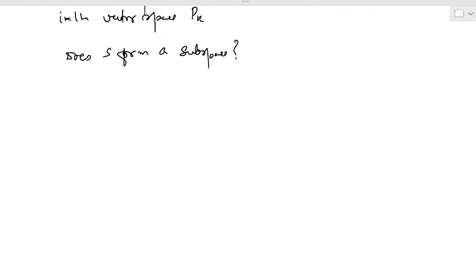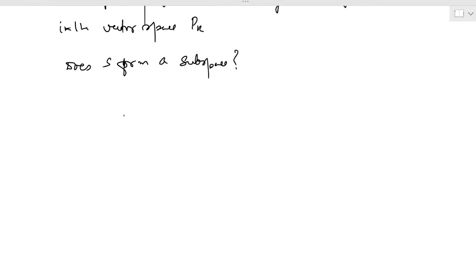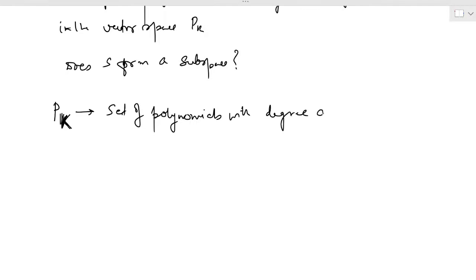See, always remember, I have already taught you that if I am writing a set of polynomials with degree at most k, then this forms a vector space.